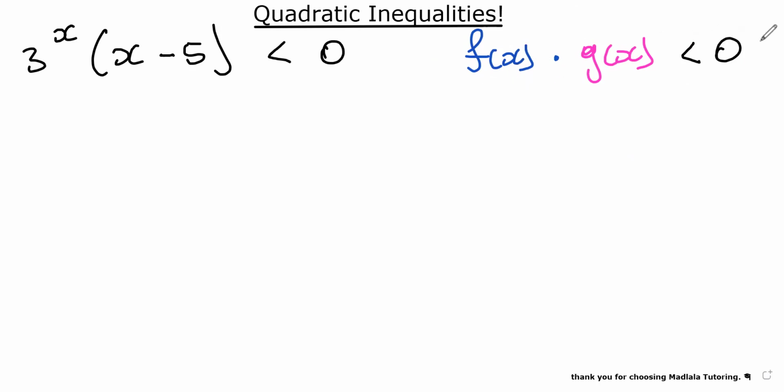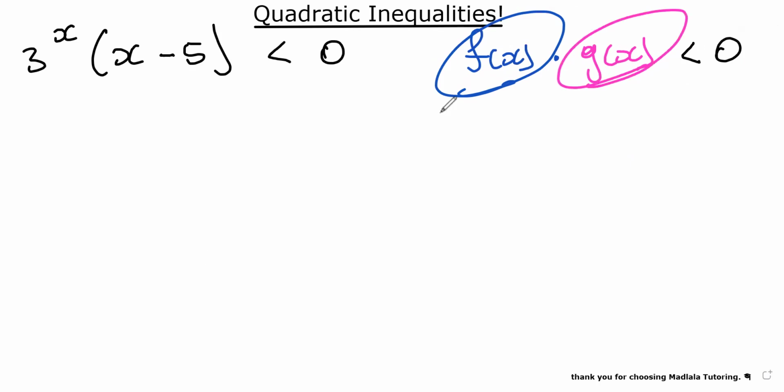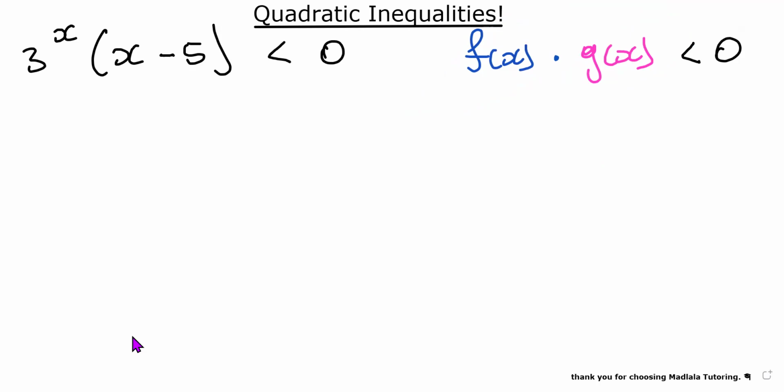If it was functions, you are just going to look for where this one is either positive and this one is negative, or where this one is negative and this one is positive. Because in order for a product to be negative, one of them has to be negative. So that's what you'll be doing. But then since it's not really a question under functions, let's just look at this inequality and see how simple it is.